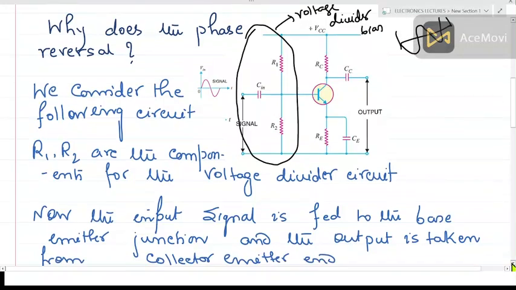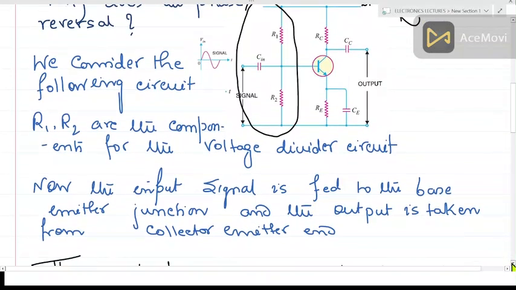So suppose this one is the input signal that is fed at the input end of the transistor. It is fed to the base because it is a CE amplifier, and the output is taken at the collector.